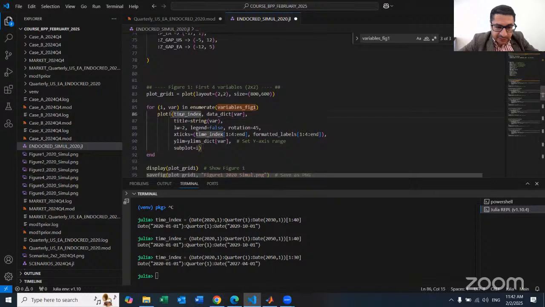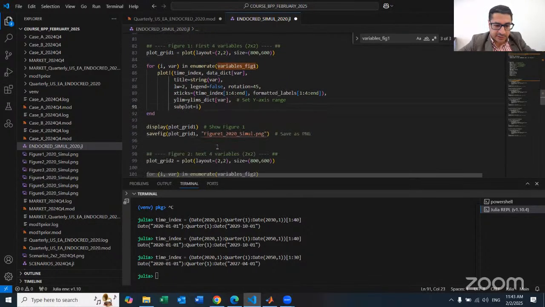Take this time index and the data, and for the title of each subplot, use the name as it is in the Dynare code. Don't do a legend, and plot using these limits of the y-axis.